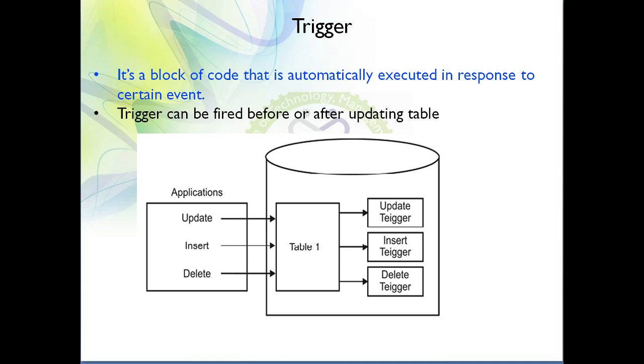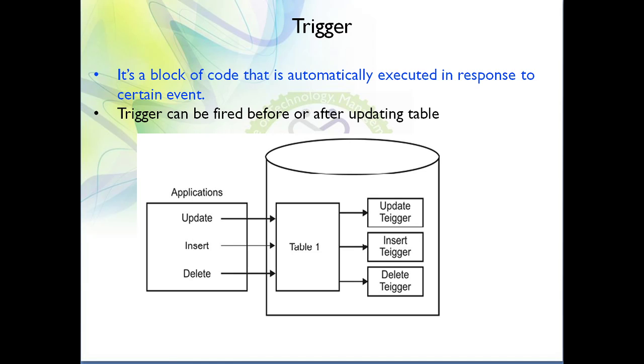In the same way, in a database you are also going to create a trigger. Means whenever you want to perform a particular operation on the database, and for that operation you want to create a trigger, it is possible. So what is trigger? Trigger is a block of code that gets automatically executed in response to a certain event.